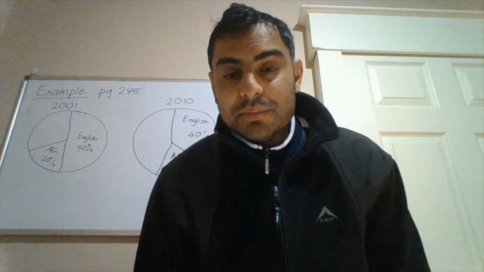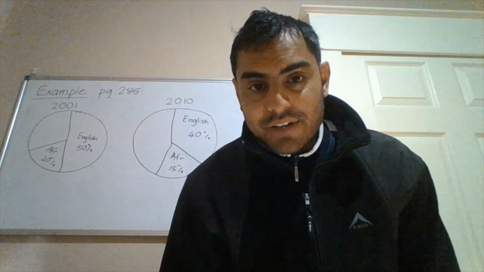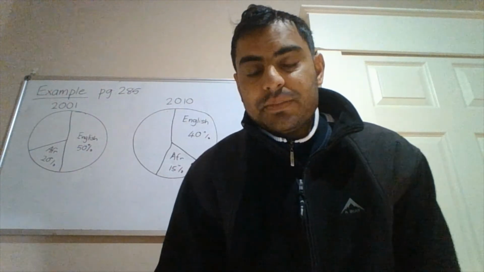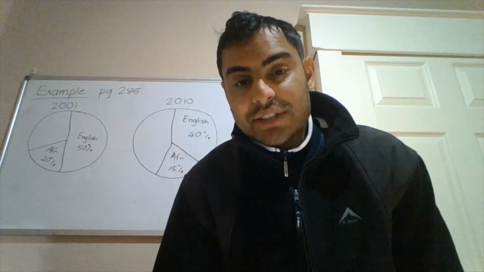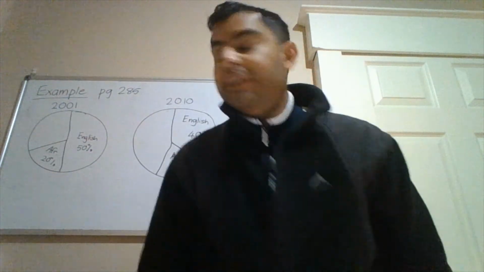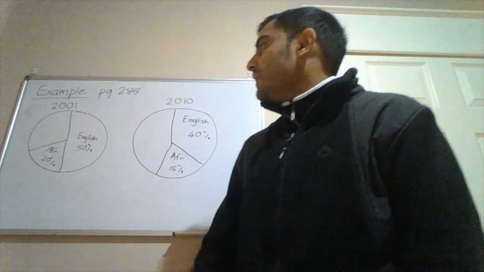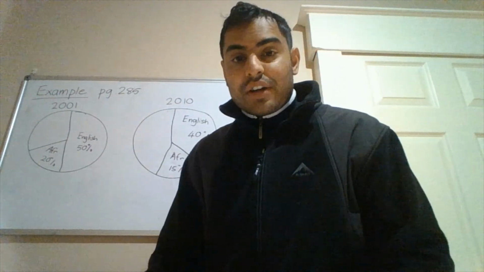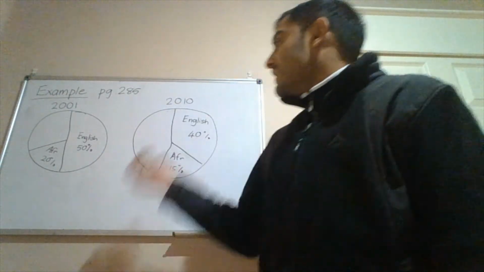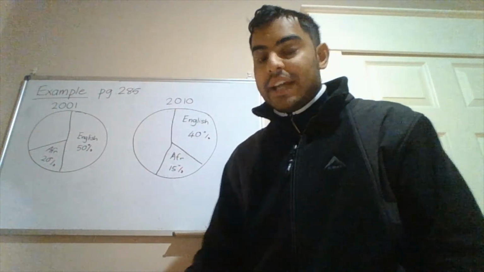So next we're going to be looking at a comparison between two different pie charts. This is the example on page 285. Each of these pie charts is representing language choice as a school subject in two different time periods, 2001 and 2010. So in 2001, we have a proportion of language choice, and in 2010, we show how this proportion has changed.